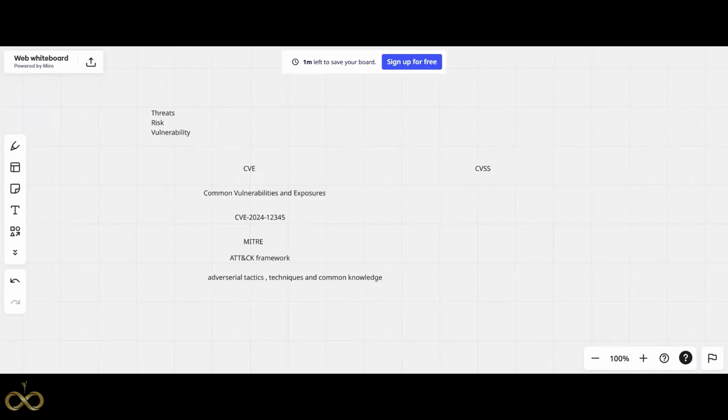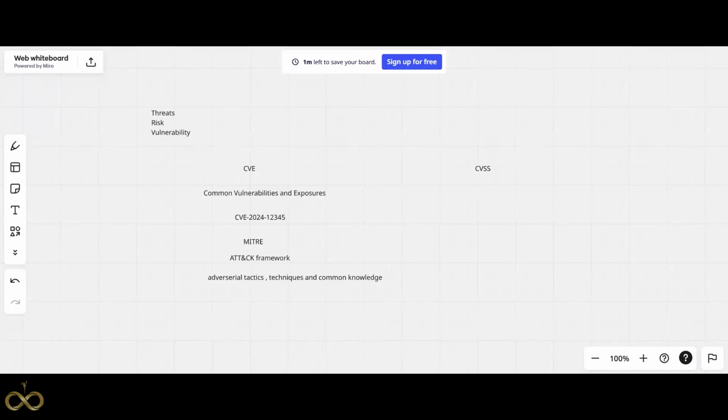Open that website and just type any common CVE ID. I'll give you a CVE ID as well. Use this CVE ID to refer.